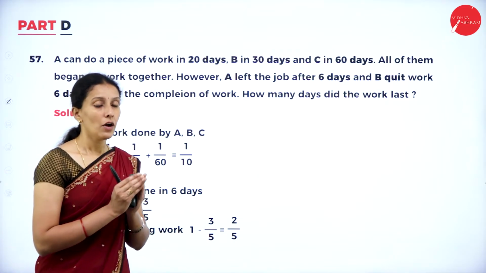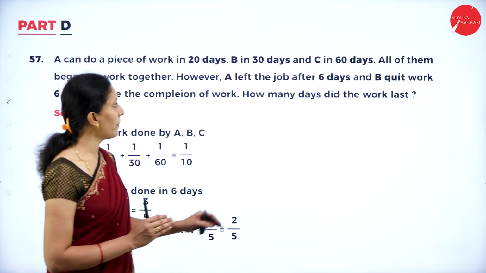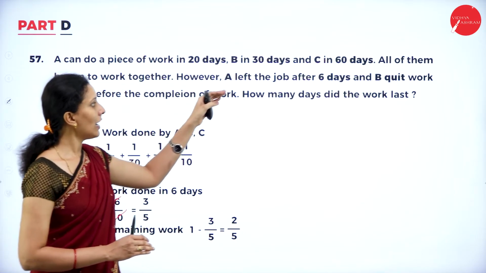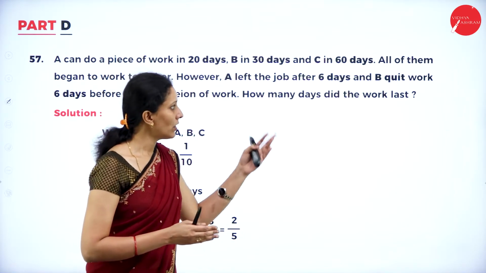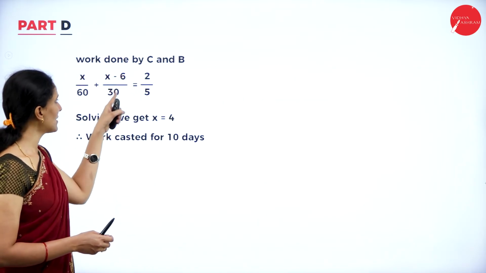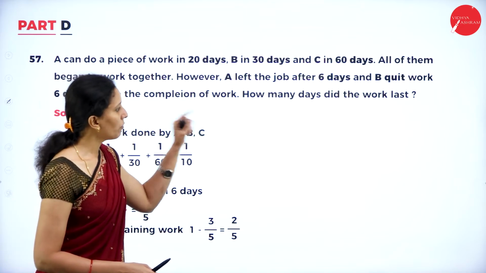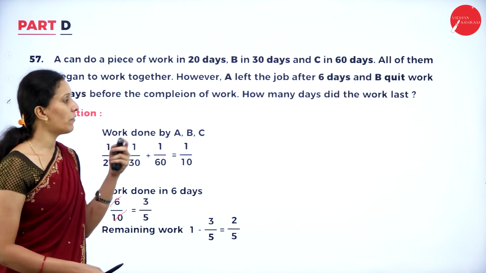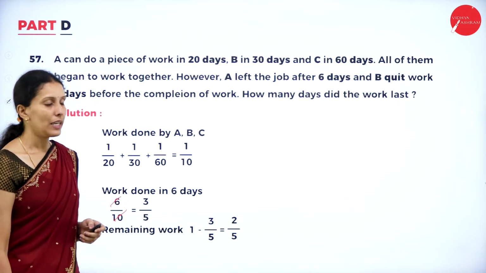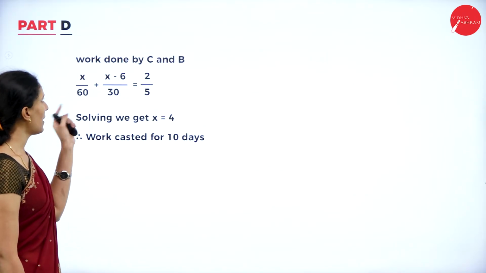So, the remaining work will be done only by B as well as C because A left the job after 6 days. Therefore, B's work will be in the form of x minus 6 by 30, since B quit the work 6 days before the completion of work. Hence, the work done by C will be in the form of x by 60.